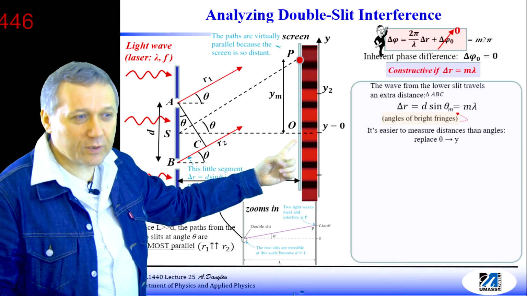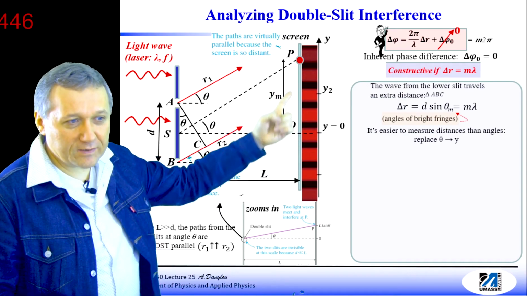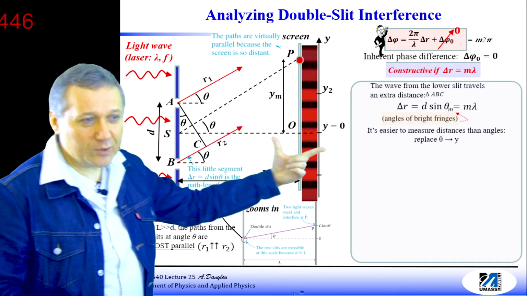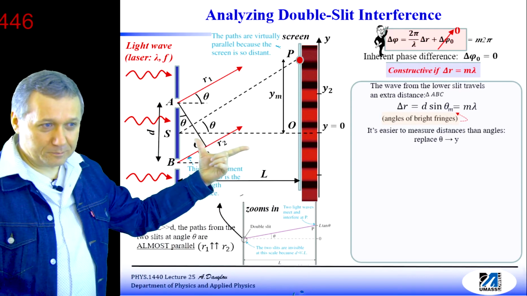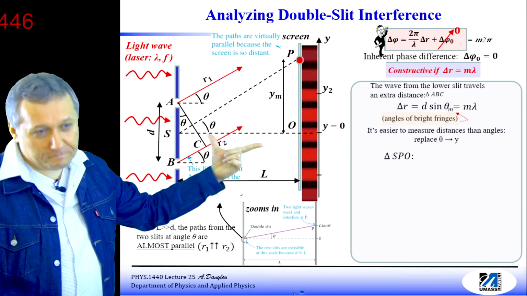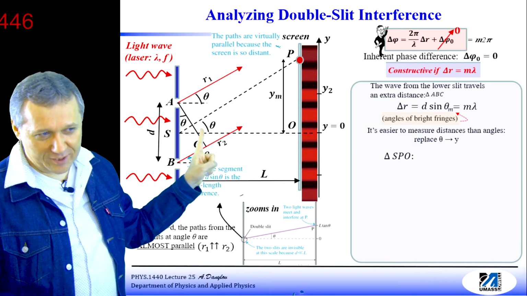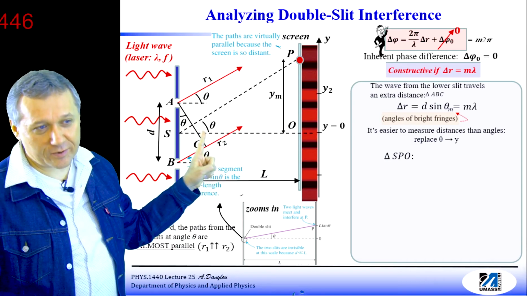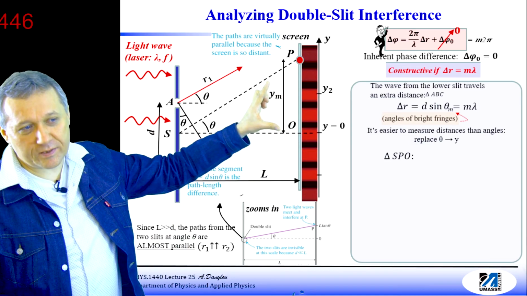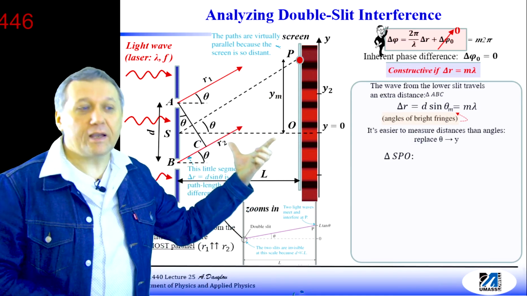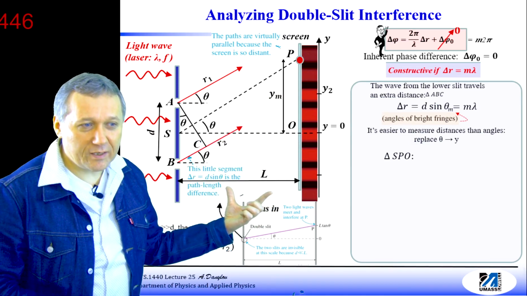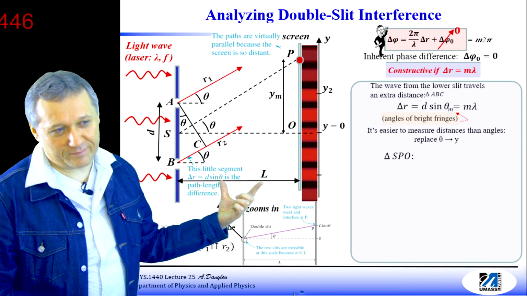How can we find this distance y sub m? You take the tangent of this angle, since it's a right triangle, it will be the ratio of the opposite side versus the adjacent side. The adjacent side, we know, is the distance to the screen, L.